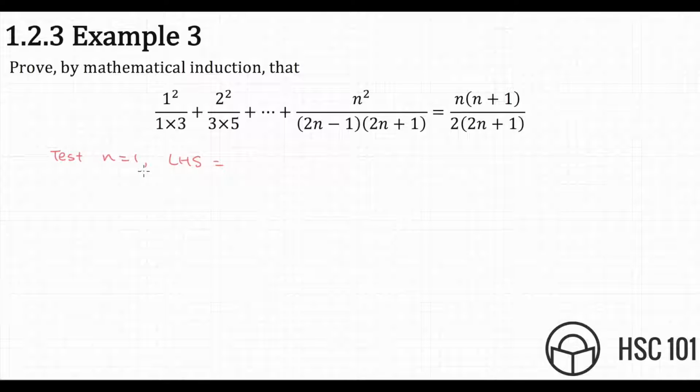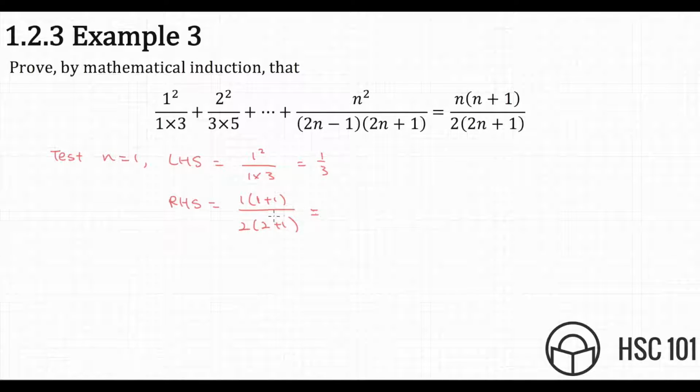So when I'm testing n is equal to 1, the left-hand side only consists of one term, and that's 1 squared over 1 times 3, which is equal to a third. And if I test the right-hand side, we've got 1 times (1 plus 1) divided by 2 times (2 plus 1).